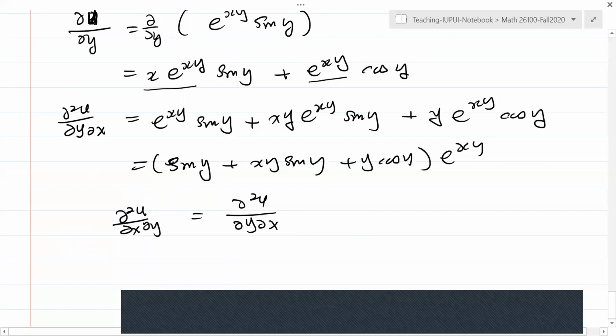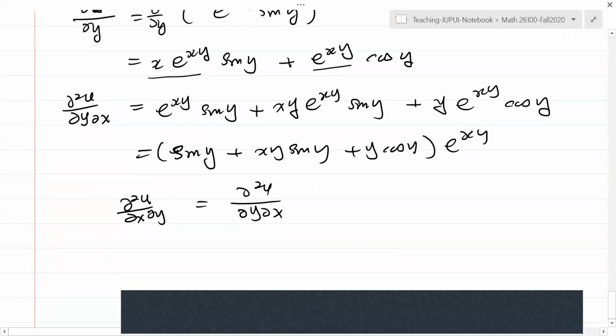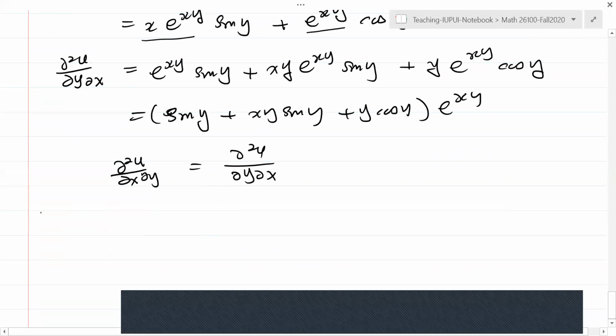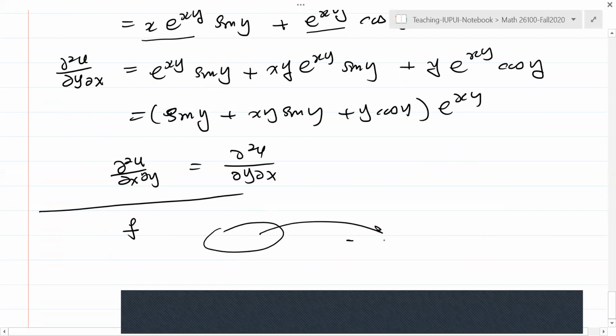Now, there are many different notations for the functions. Let me repeat it. Usually you get the function f. Function f is going to be the map from here to the line.